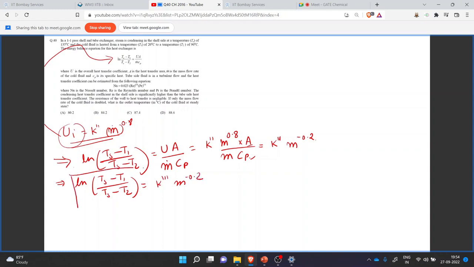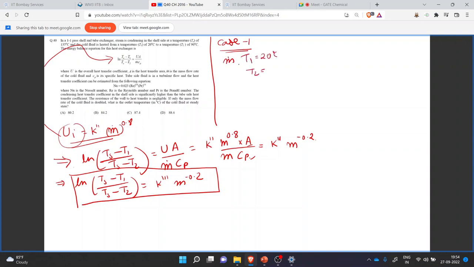So now we have this correlation that we will be using to find the outlet temperature for the second case, in which the mass flow rate is double. So let's write it over here. In case 1, the mass flow was m dot, T1 we were given as 20 degrees Celsius, T2 we are given as 90 degrees Celsius, and Ts we are given as 135 degrees Celsius.